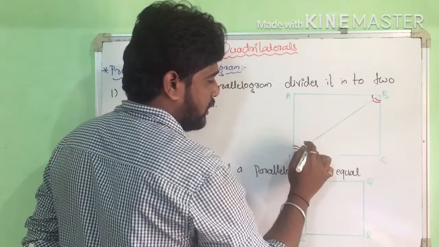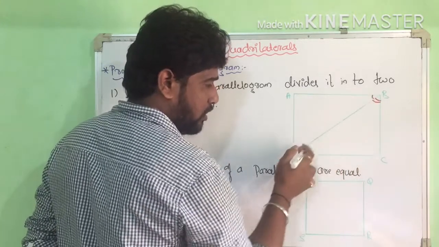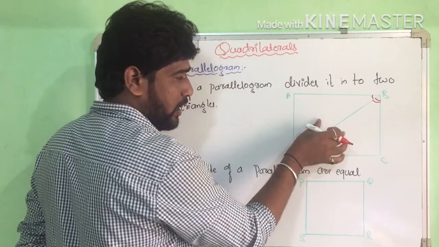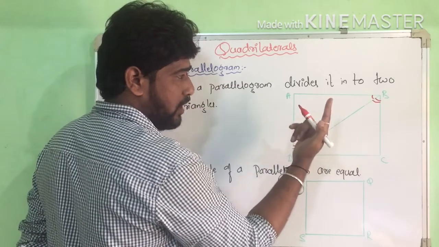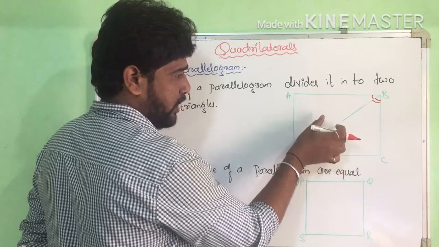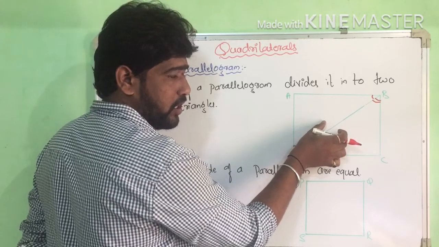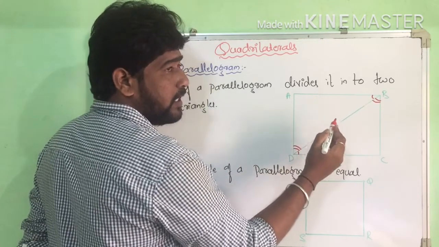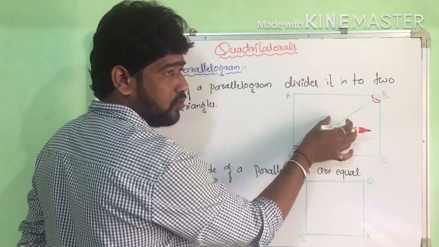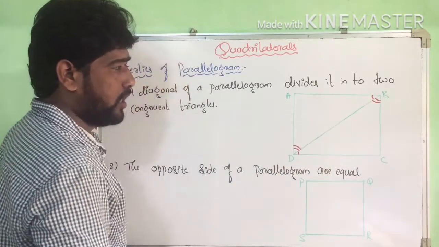So these two angles are equal and these two angles are equal and one common side. So in these two triangles, two corresponding angles and one side are equal, which means these two triangles are congruent to each other by ASA rule.